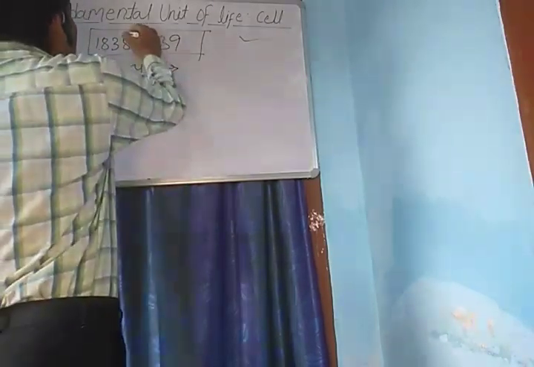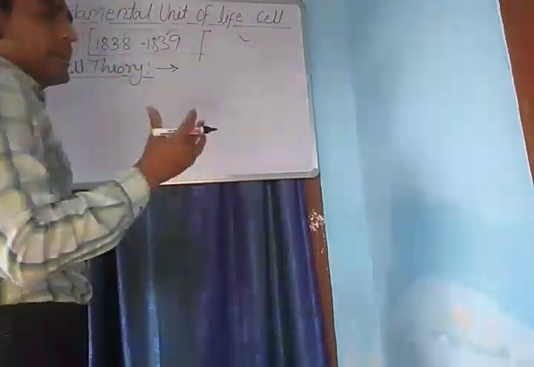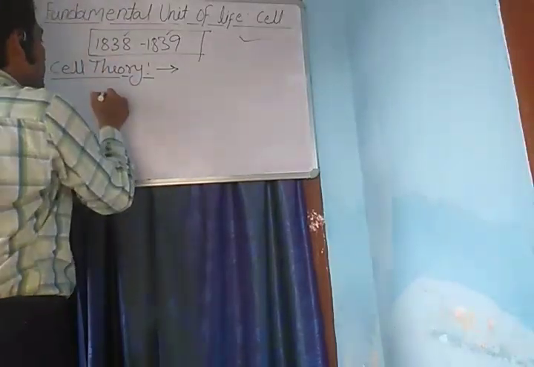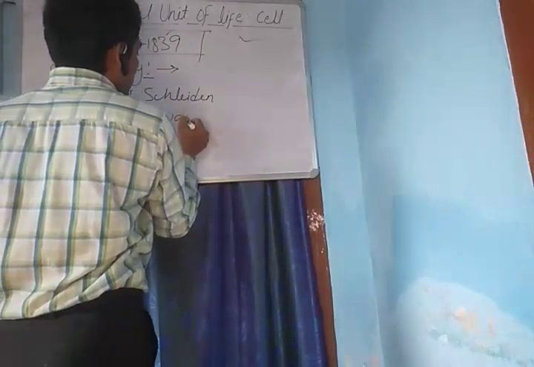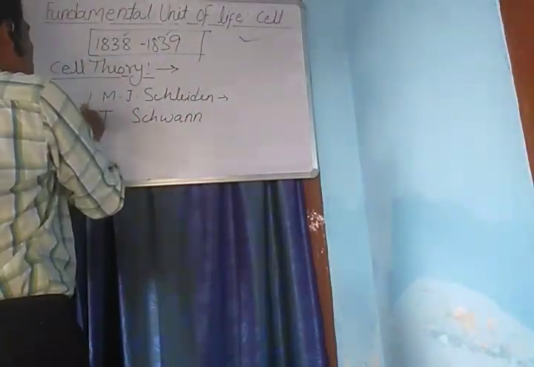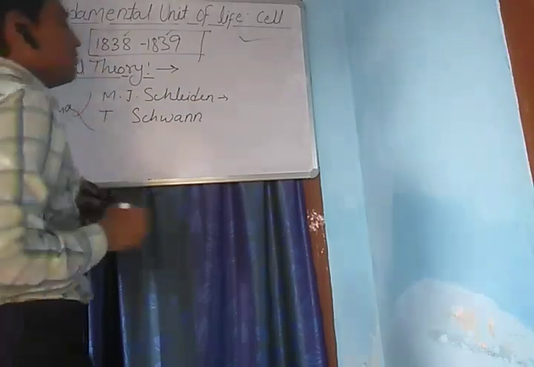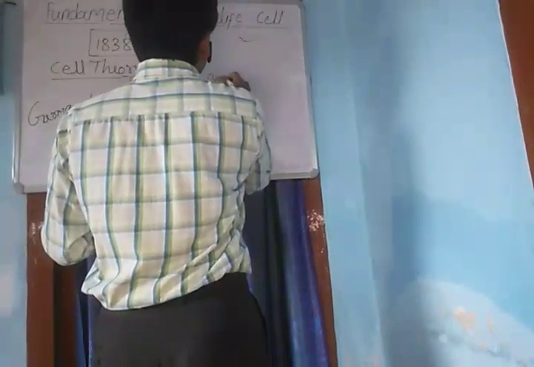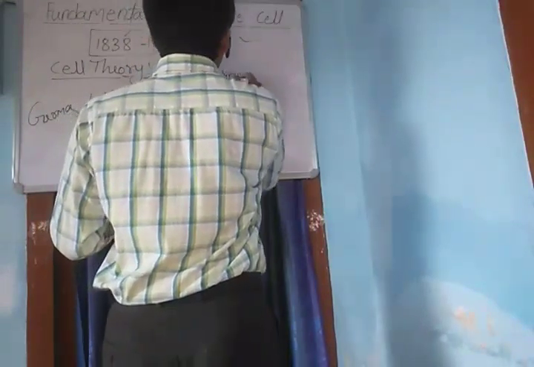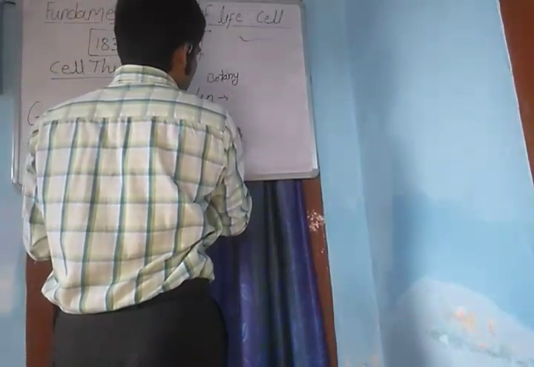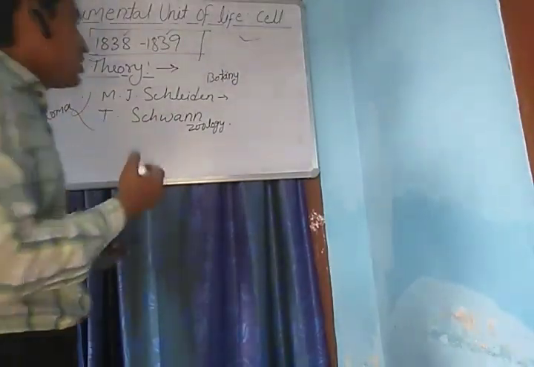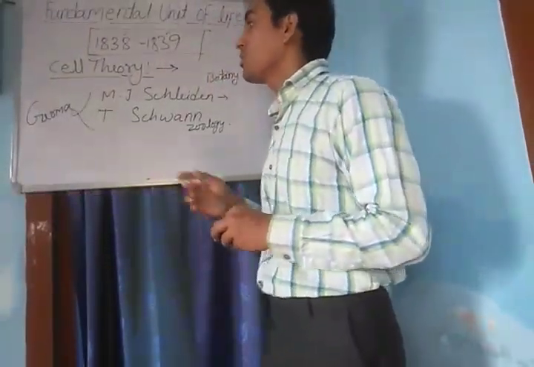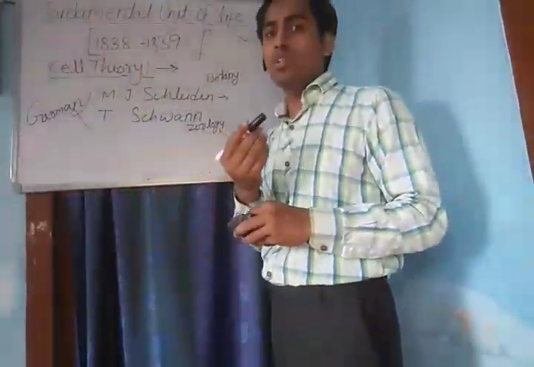In 1838-1839, two scientists, German biologists M.J. Schleiden and Schwann, both studied on cell and gave some statements about cell theory, that means about cell.